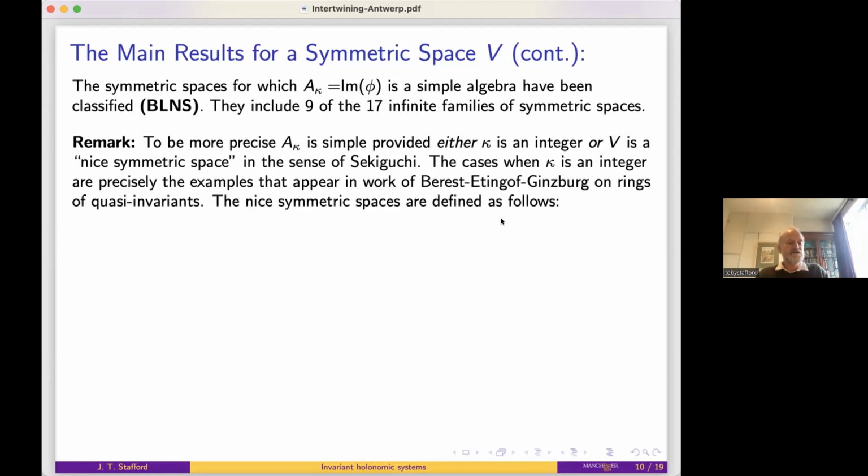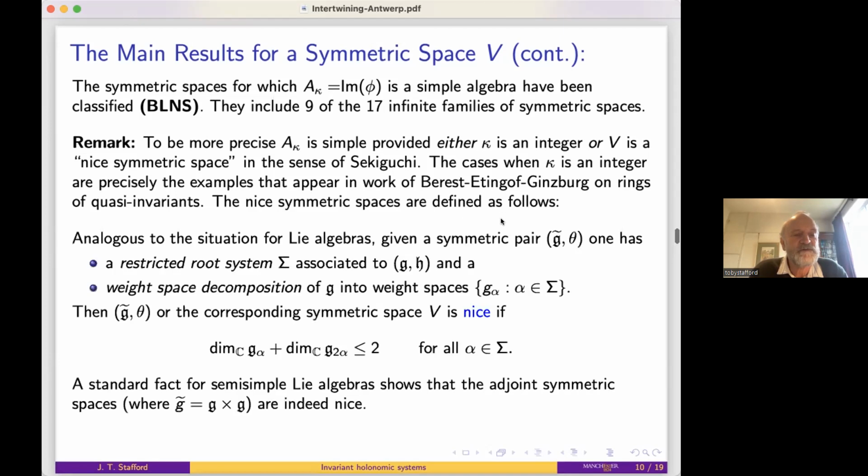And the nice symmetric spaces, this definition is a little more complicated, but basically it's those symmetric spaces which in their basic properties are closest to the adjoint case, where G tilde was 2 copies of G. So more formally, if you think about how you classify simple Lie algebras, one part of that is you define the root system and you get the corresponding weight space decomposition for G. And the key theorem you have there is that each of these weight spaces is one-dimensional.